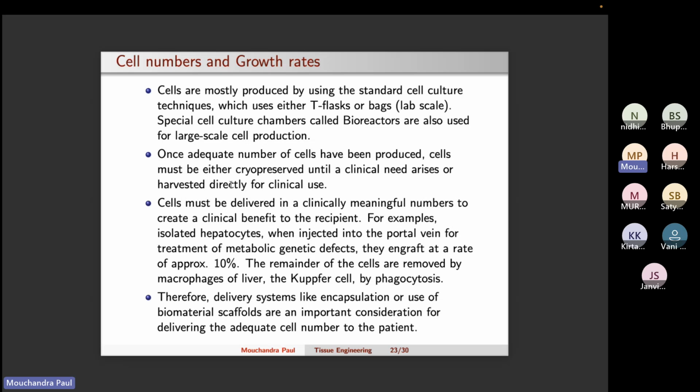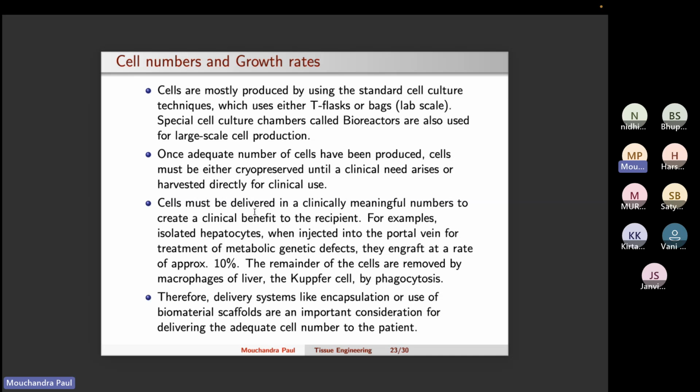But if you go for lab scale, you can hardly go up to million, okay. Like if you grow one T75 flask, you will get around 2 to 3 million cells. And once an adequate number of cells have been produced, you can either directly use those cells for your product, or you can cryopreserve them, means preserve them in liquid nitrogen so that they last long.